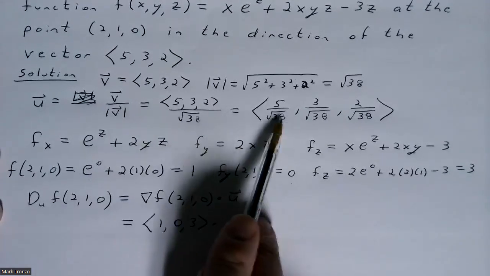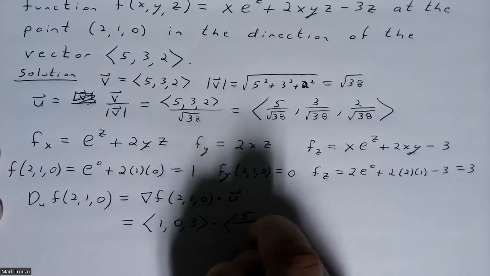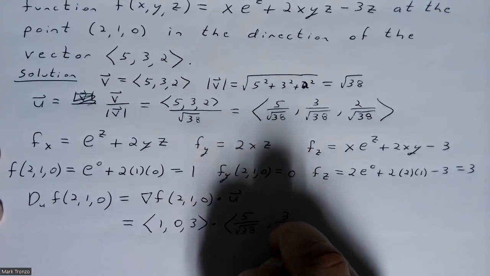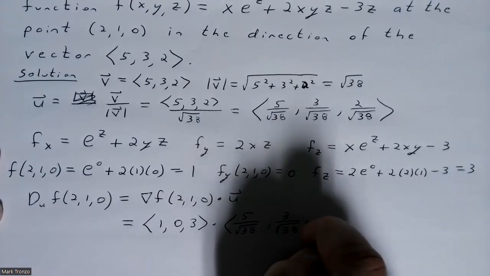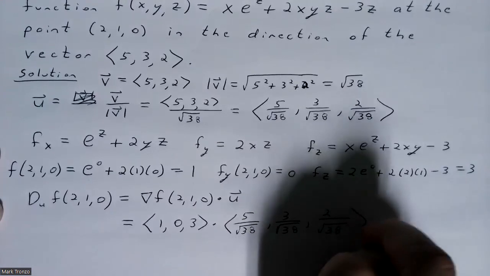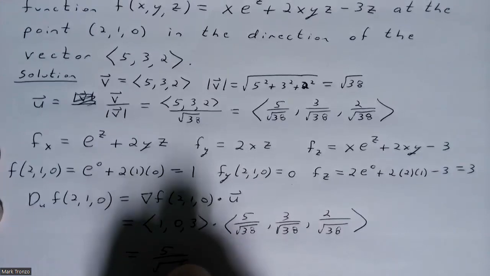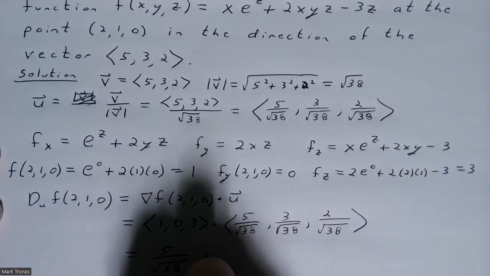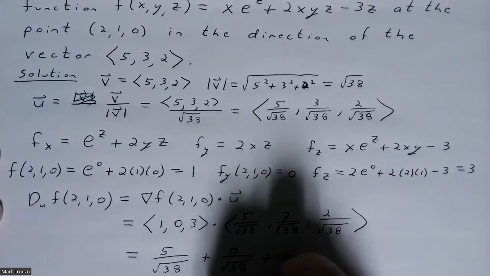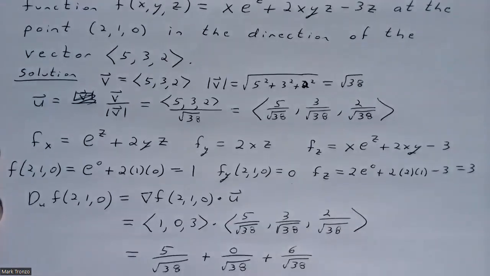Dotted with this value up here, 5 over square root of 38, 3 over square root of 38, 2 over square root of 38. 5 over square root of 38 plus 0 over square root of 38 plus 6 over square root of 38.